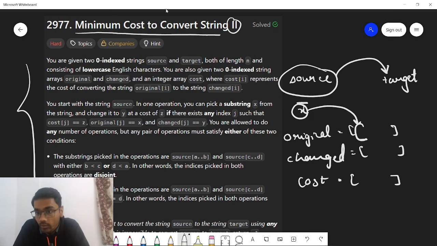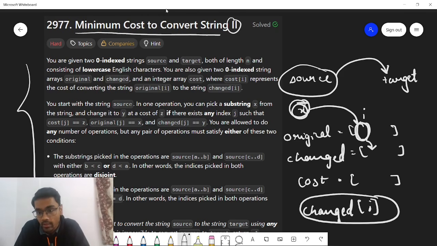Whatever its corresponding changed part is, present at index I, you need to take that substring in changed of I and replace x in source with changed of I. We will discuss this with an example also, but let us first go through the description. You change this substring x to changed of I, and it will take a cost of I.